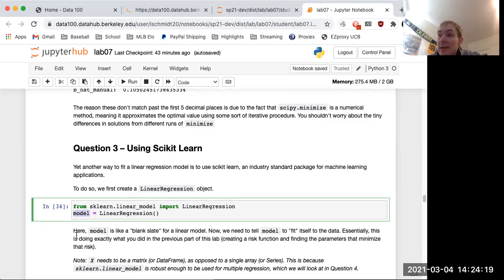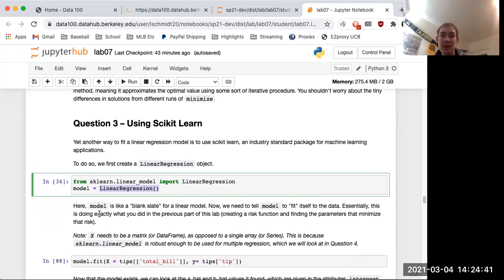It contains the data that it was fitted with. Once you fit it, it contains the optimal parameters. It has methods that allow you to predict data. So it basically stores all the information that you need about the model. The way we initialize a model is by calling LinearRegression, open parentheses, close parentheses. This initializes a new model and we save it in the model object.